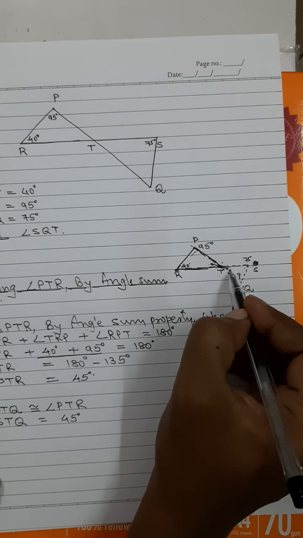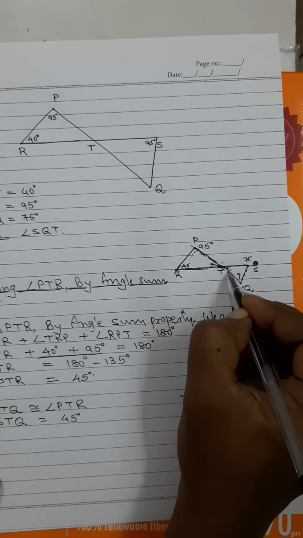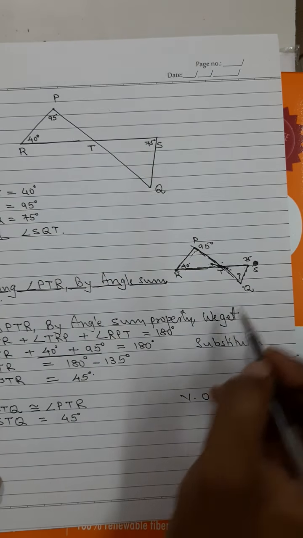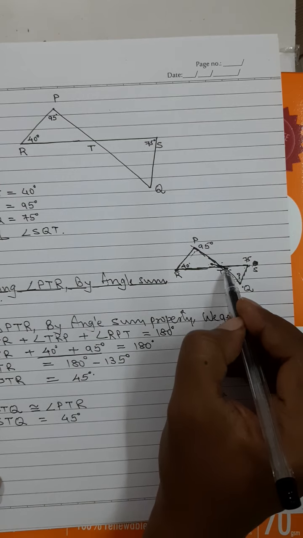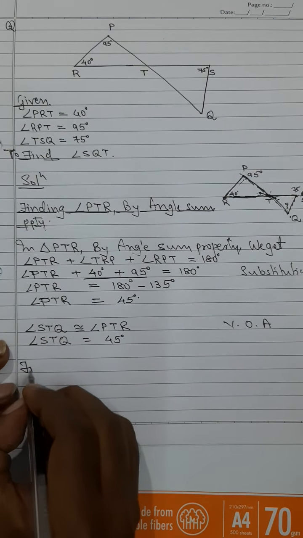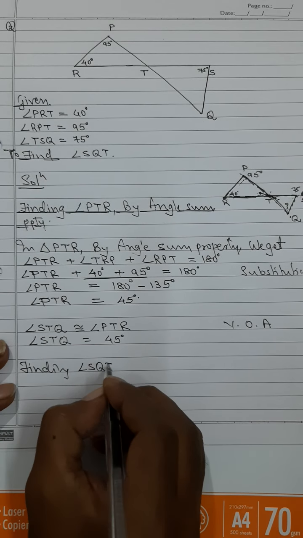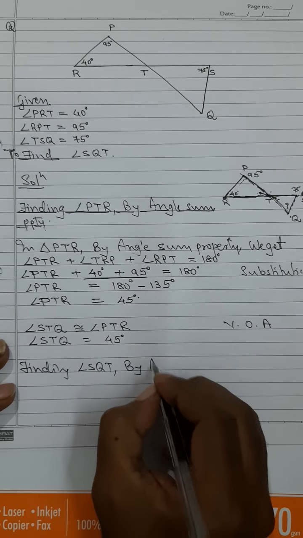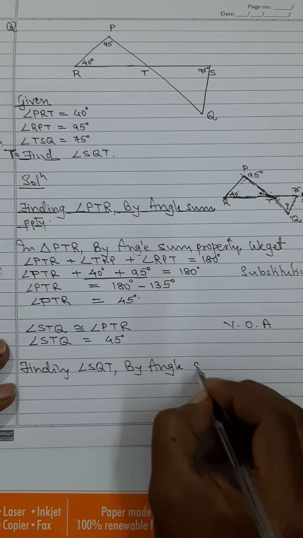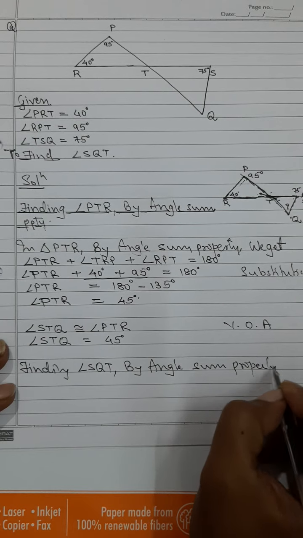Now you are ready to use the angle sum property in this triangle, finding angle SQT. Again you will write over here, finding angle SQT by angle sum property.